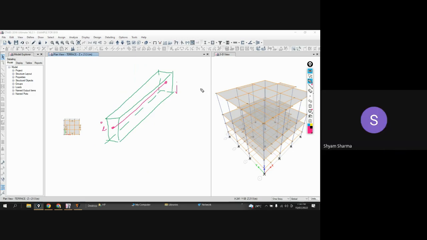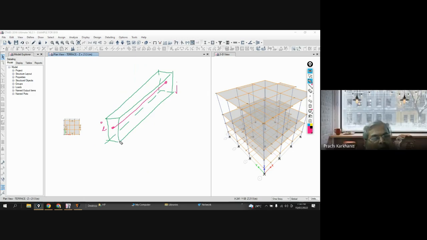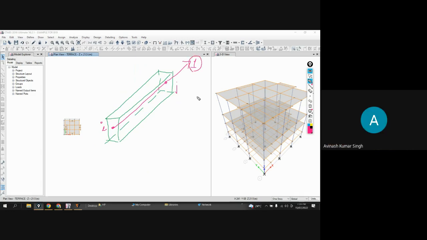Now this is the local axis that will be automatically defined by ETABS, in such a way that from I to J, the positive 1 axis will be defined automatically.